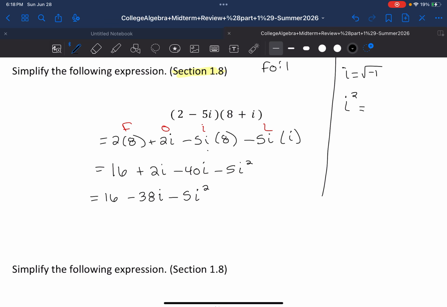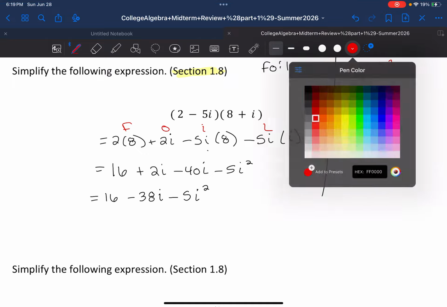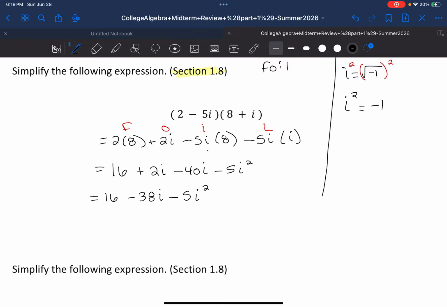We kind of already talked about that in the last video. So if I squared both of those sides, squaring a square root cancels that operation, and that would just leave you with negative 1. So i squared is equal to negative 1. So you can have this on your flashcard.